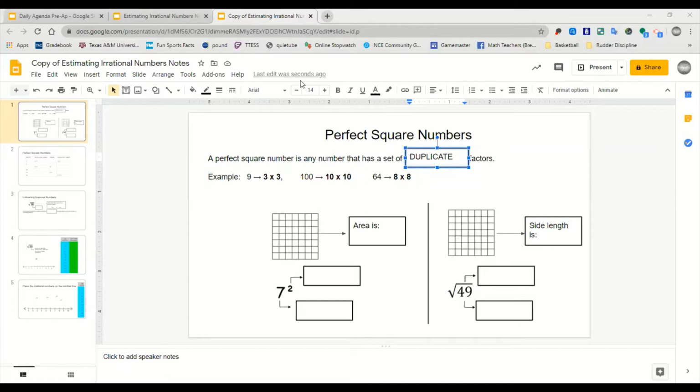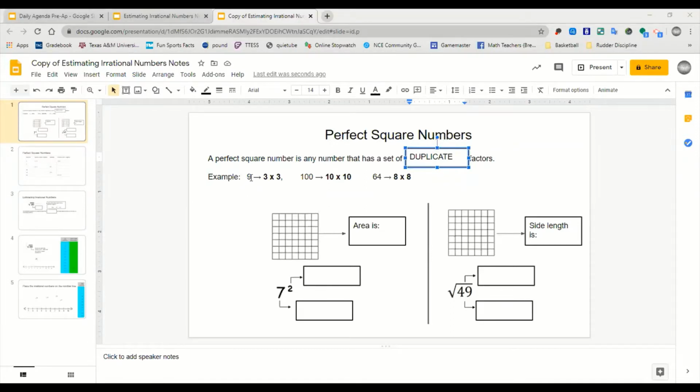Does that mean exact same or partially the same if I'm duplicating something? Chase says exact. Yes, that's right. Exact from Melissa, thank you. So we're going to be looking at numbers that have the exact same duplicate factors. Remember, factors are two numbers that multiply together to make a bigger number, right? We double something. Good, Kyle.